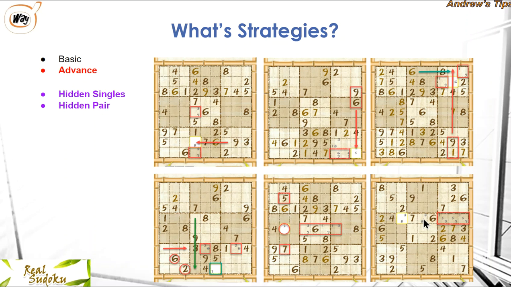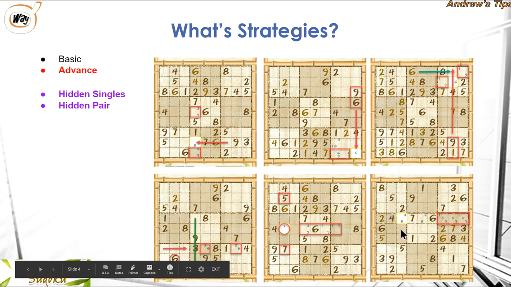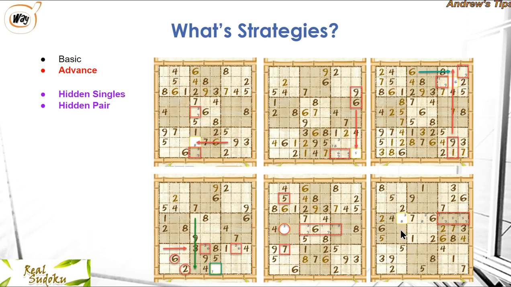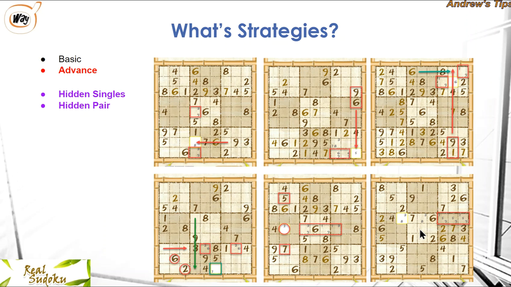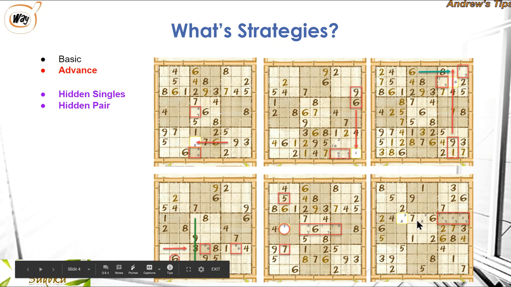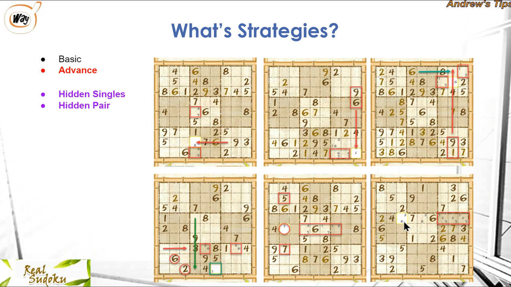So you can put 3, 8 here, and then probably A3 will help you find the other solution. So you use the candidates now and then use them later. This is the idea. Use many ways to find the solution.